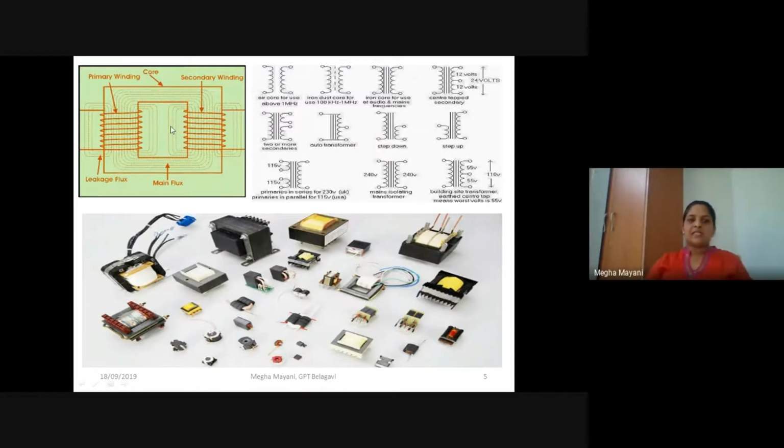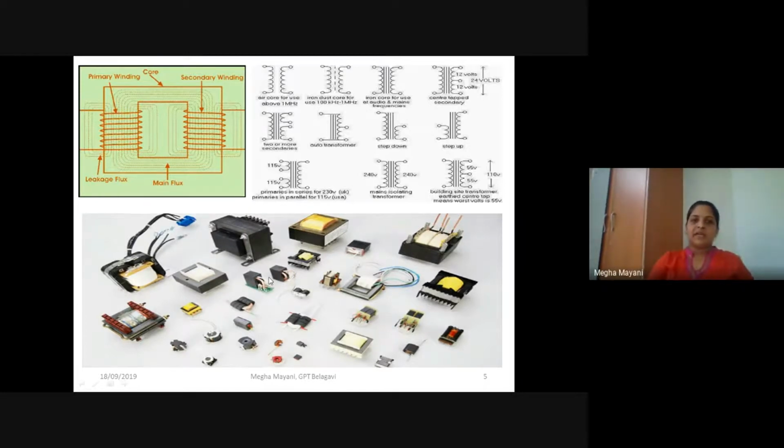This flux is also getting linked with the secondary winding. The various symbols used to represent different types of transformers are also shown here. You can see air core type, iron core, step down, step up, autotransformer, etc. Here are some images corresponding to different types of transformers.